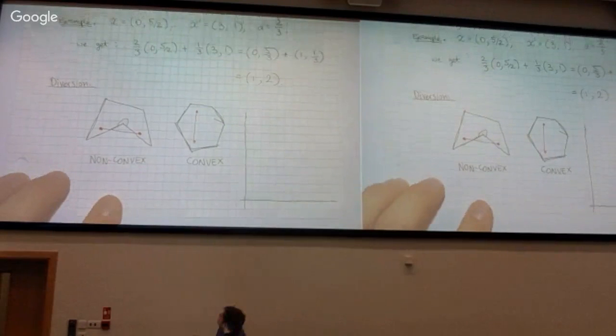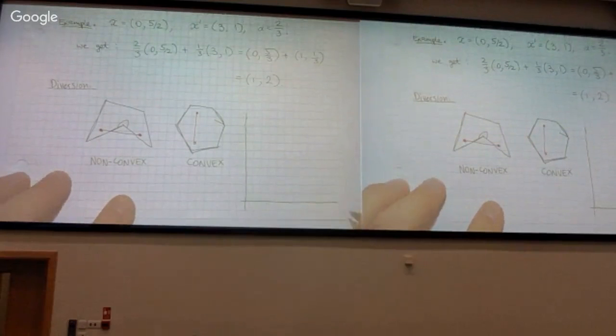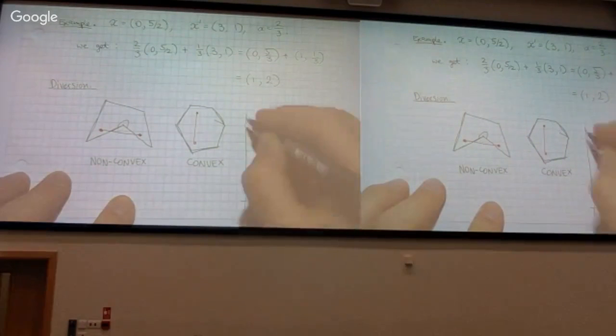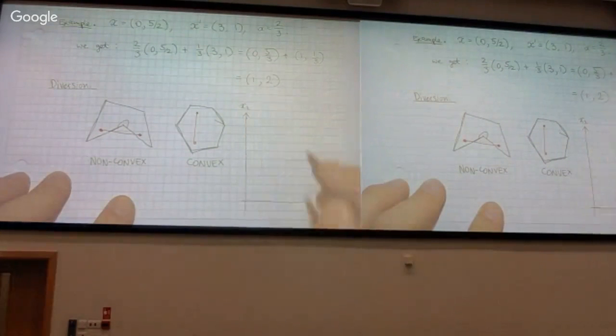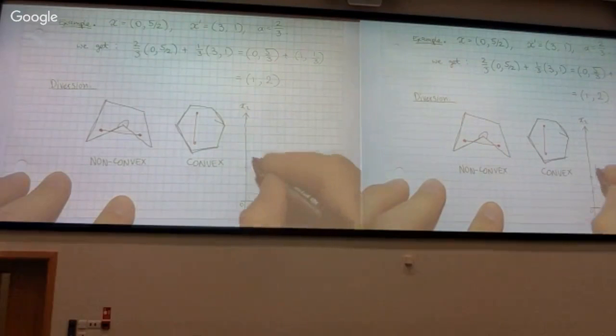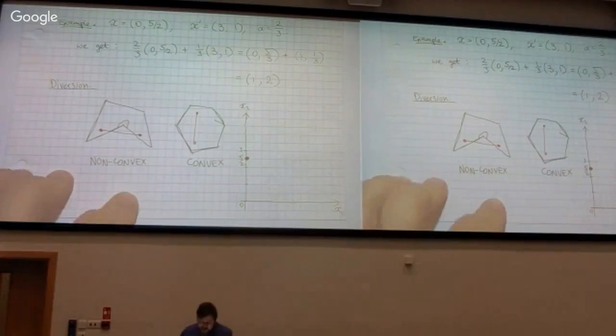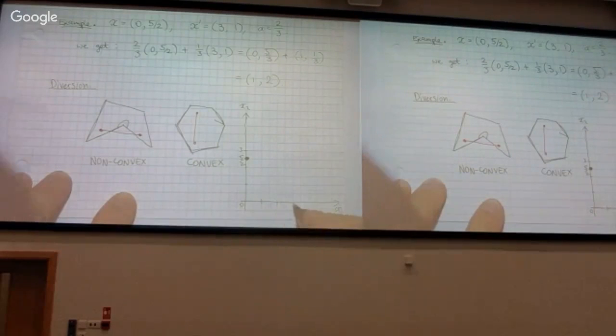So this is x1, 0, 5 over 2. So this is 1 point. The other point was 3 and 1. This is 3, 1.